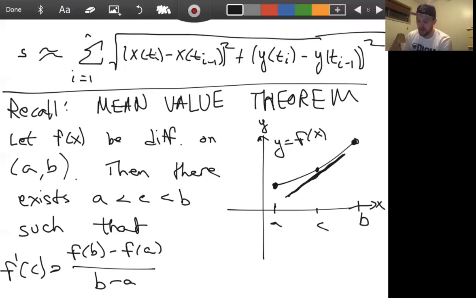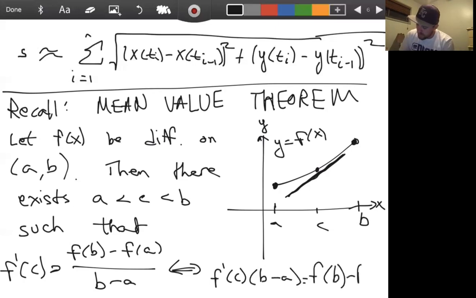It's f of b minus f of a over the length of the interval, hence the mean value theorem. Another way that we write this, and how I'm going to use it in deriving the integration formula for arc length, is to say that f prime of c times b minus a equals f of b minus f of a.